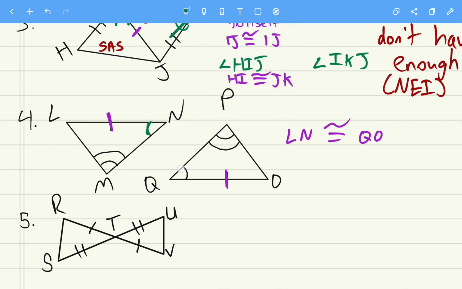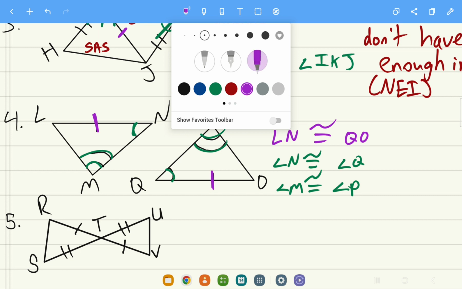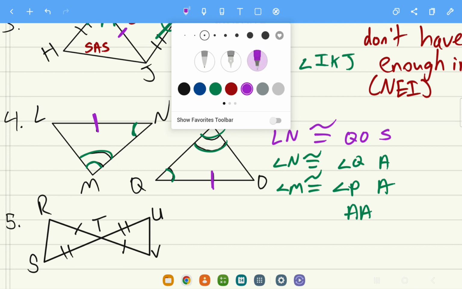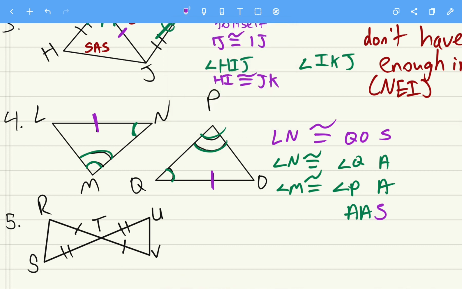We have angle N and angle Q. And then we have angle M and angle P. So in this case, we have a side and two angles, which we can just flip around and say angle, angle, side. So we do have enough information for number 4, and they are congruent.